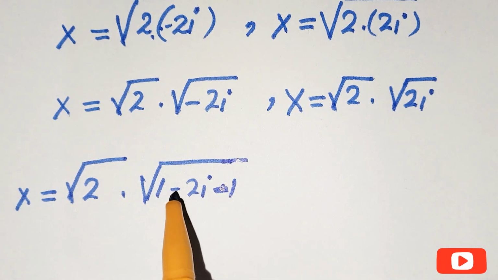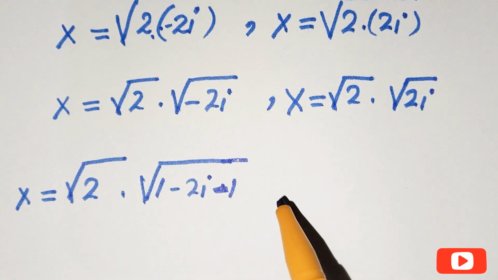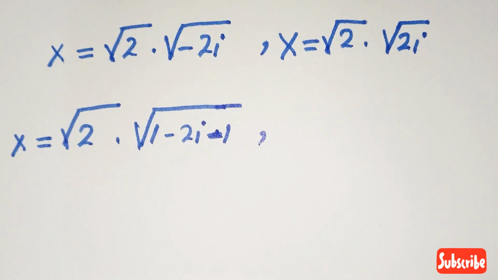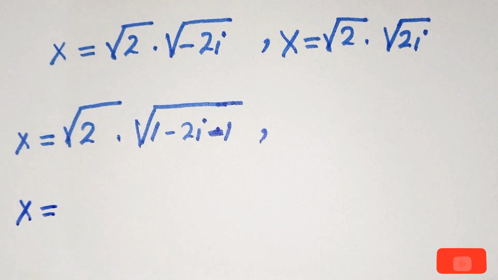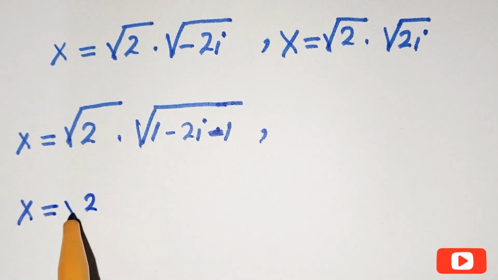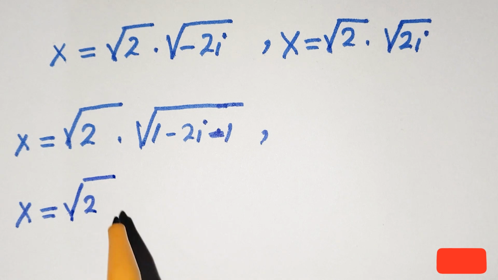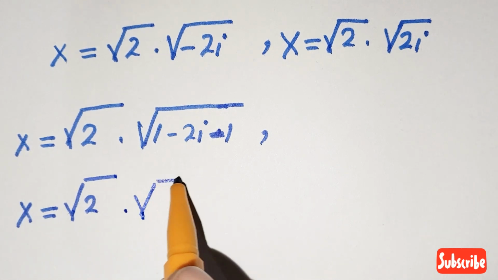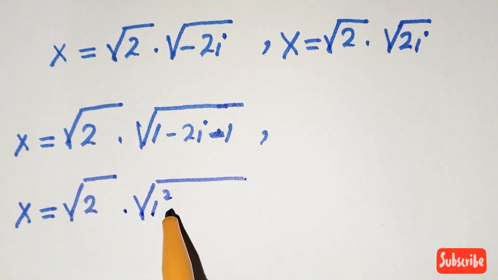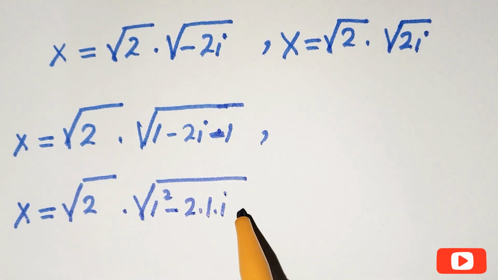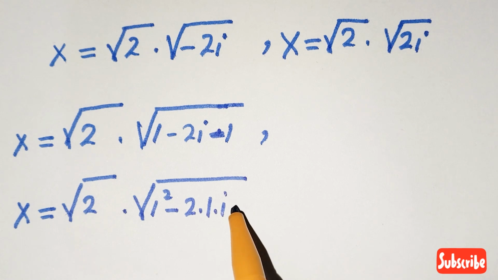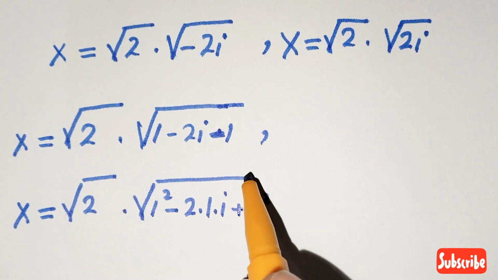Then here x is equal to the square root of 2, and it is also written as 1 square minus 2 times 1 times i, and minus 1 is equal to iota square, so it is plus iota square.